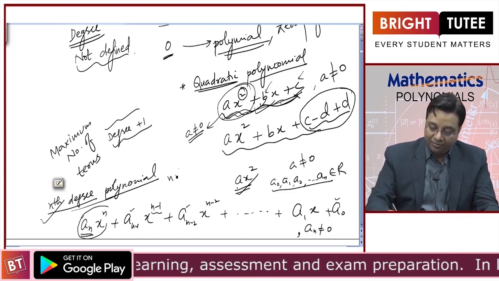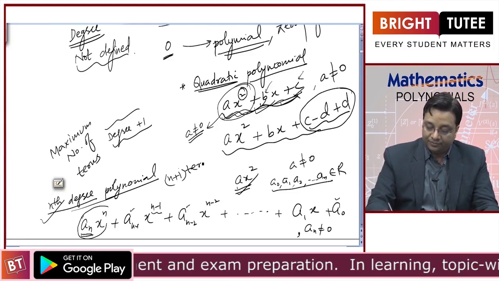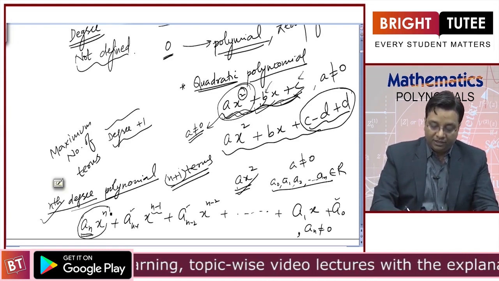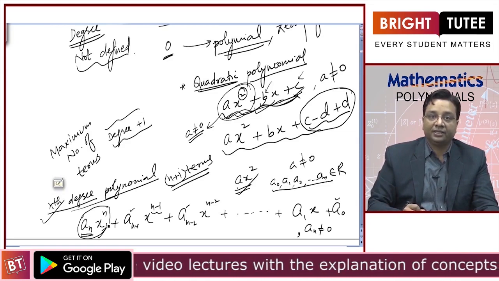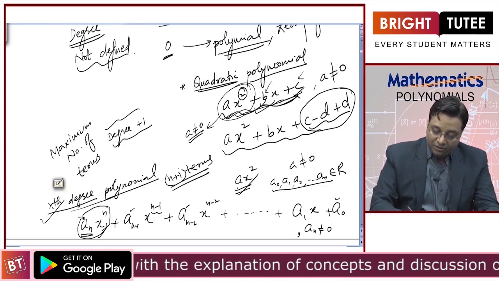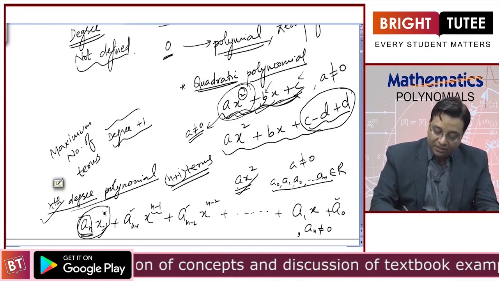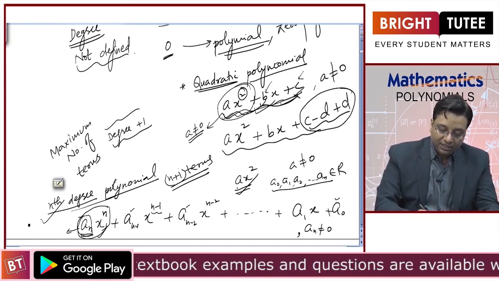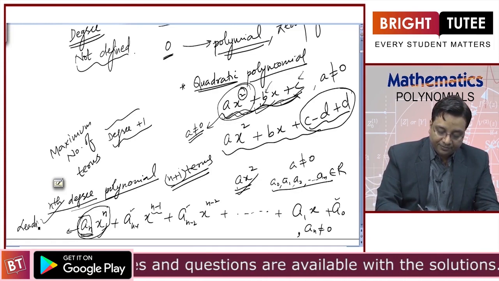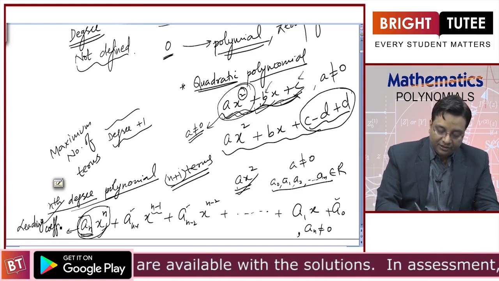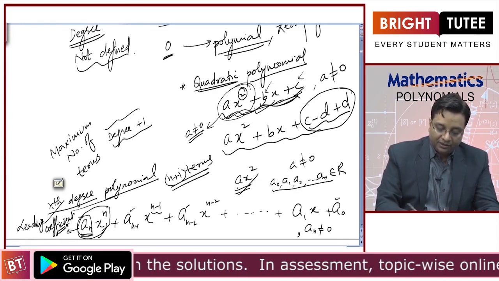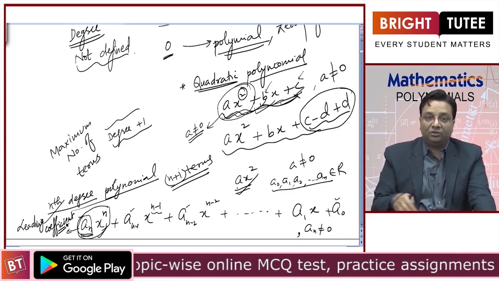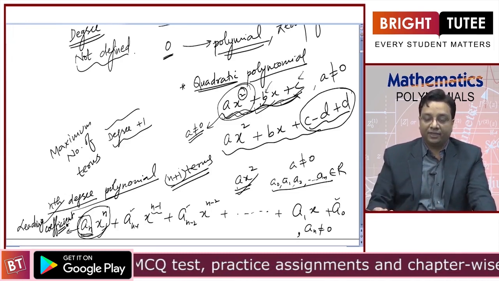I can have n plus 1 terms, right, and minimum only 1 term, that is this one, right. And let me tell you about this coefficient here with the highest power of x. This is also known as leading coefficient. So, the leading coefficient cannot be 0, okay, for that polynomial to be of nth degree.